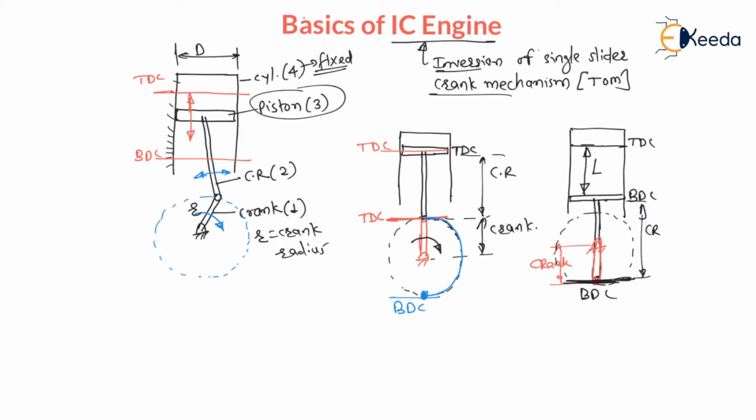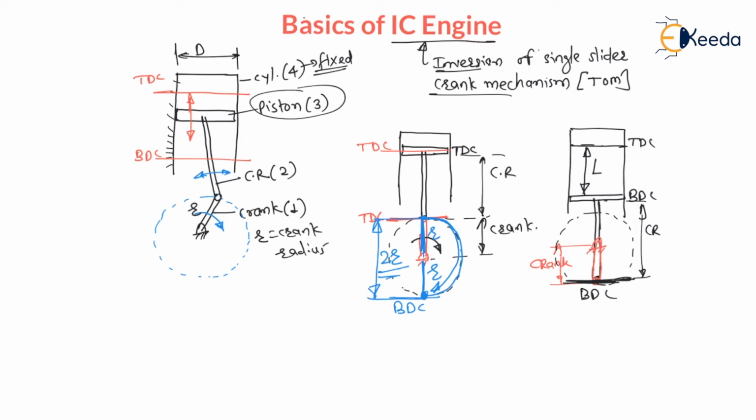Now my dear students, that means whenever this crank comes from top dead center to bottom dead center, the distance covered will be 2r, that is twice the crank radius. Here you will find this much is r and this much is r, that is 2r.